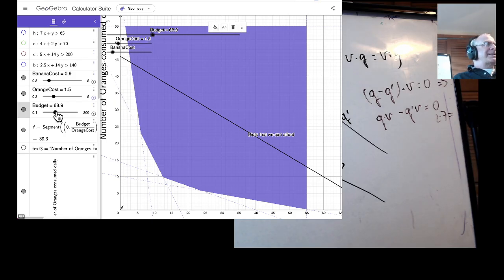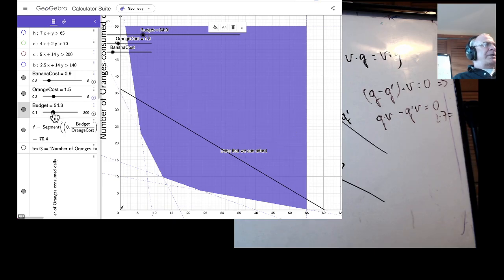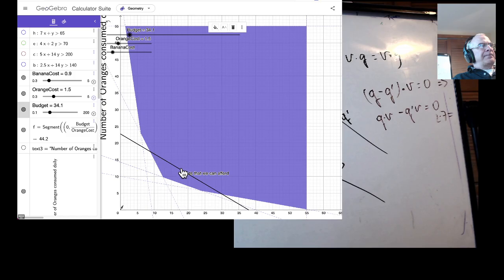Hoping to spend less than 68.9, I'll start to decrease my budget. Now my daily diets all cost only 34.1, so I'm looking at much cheaper diets. And if I keep decreasing the budget, I'll finally hit this vertex over here.